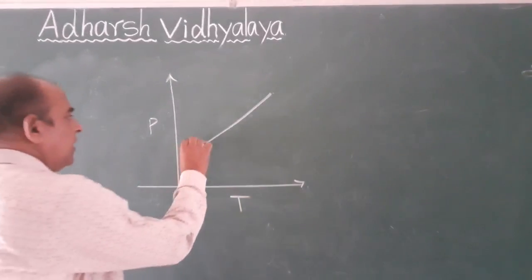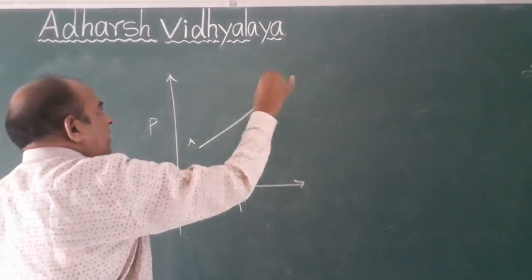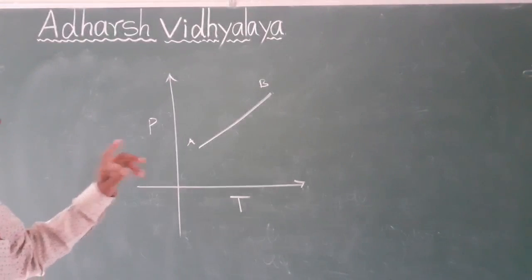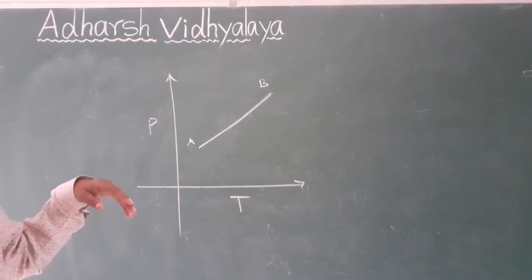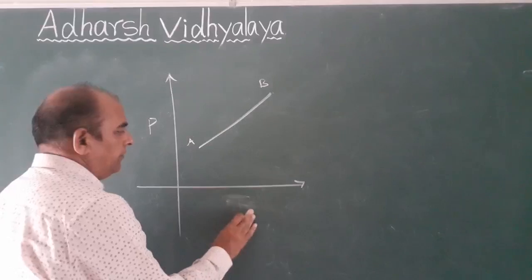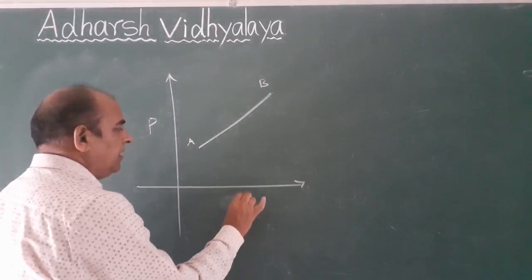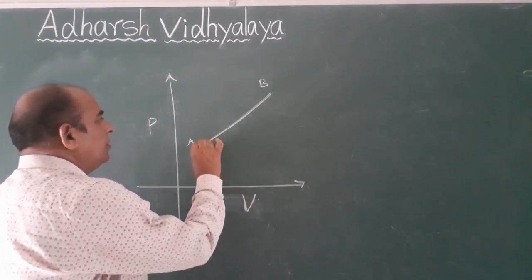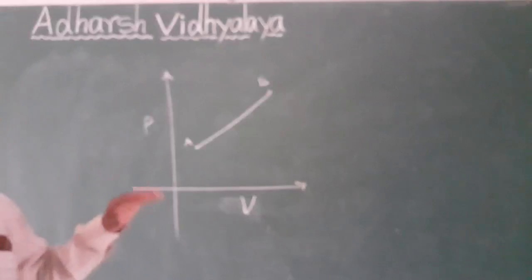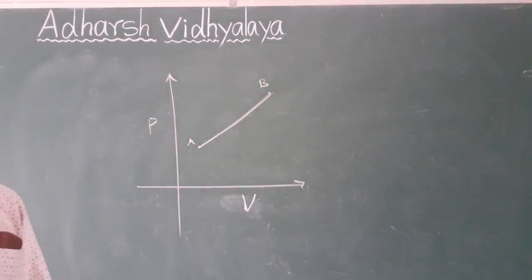So it is going from A to B. It is like this, the given. So what happens? It's a PV curve. So at which place is temperature more? From A to B, is temperature increasing or decreasing? That is the question. PV graph.